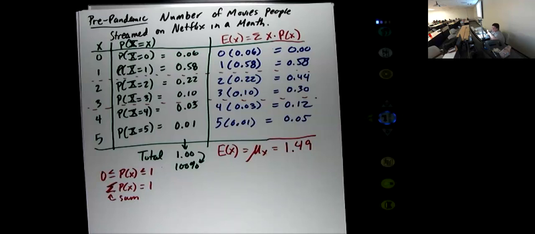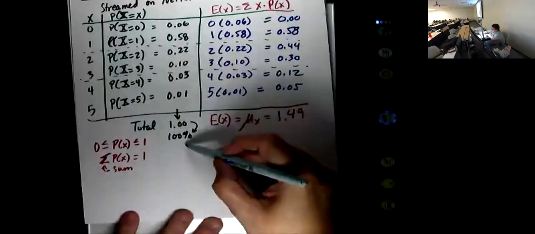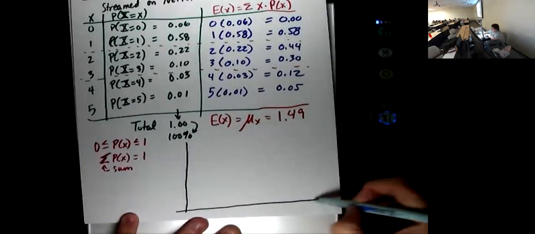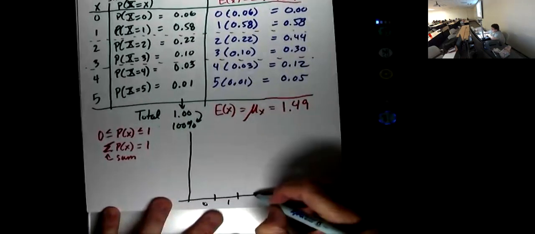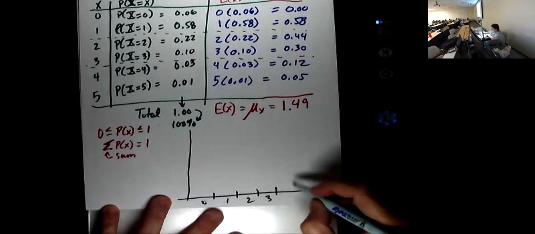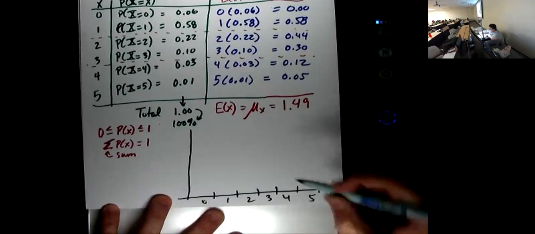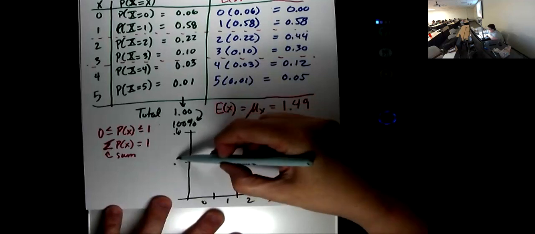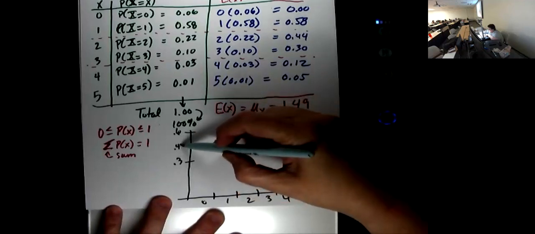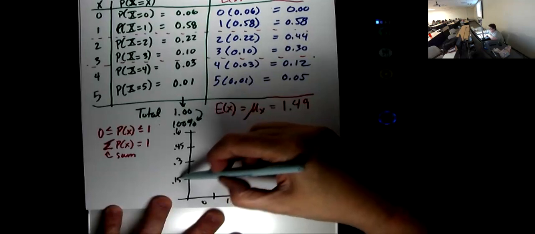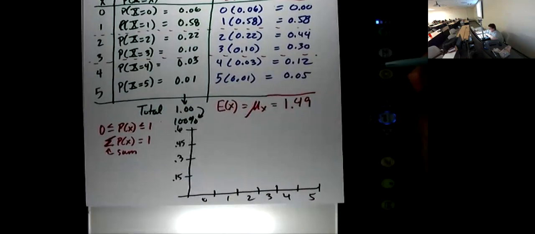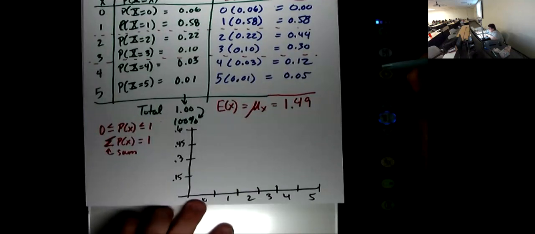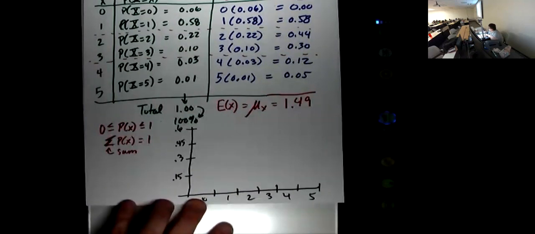Now, let's do a histogram by hand. 0, 1, 2, 3, 4, and 5. Let's make the scale up to 0.6, so halfway is 0.3, 0.45, 0.15. I got 0.06 probability of a 0, which seems really low, right? They basically got no one to say we watched any movies.